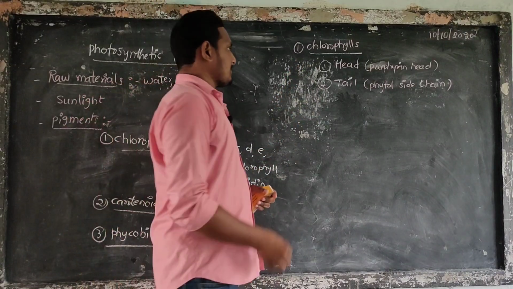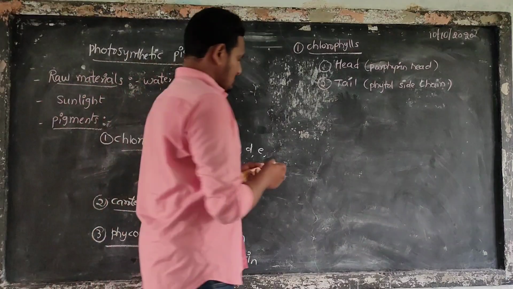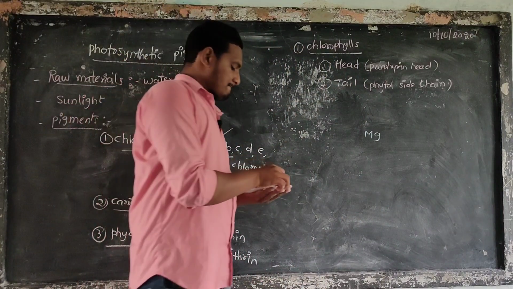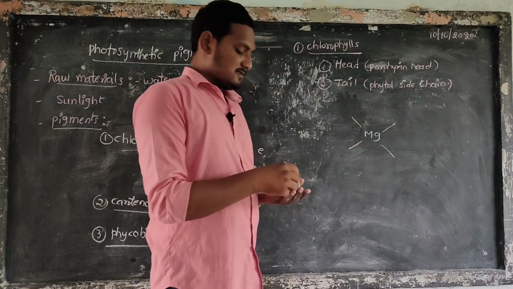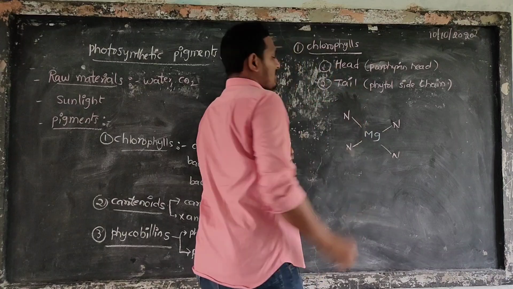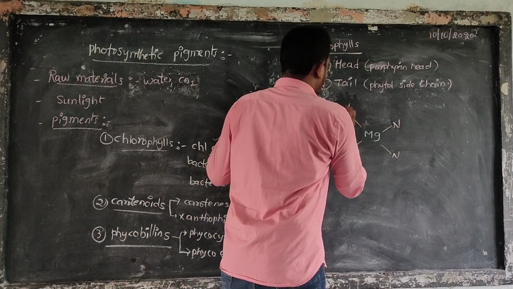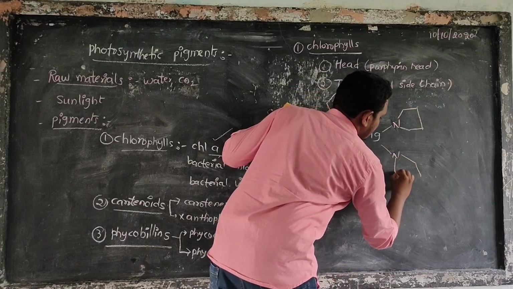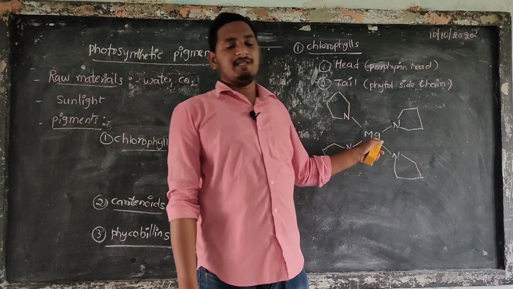This is the chlorophyll structure. Magnesium occupies the middle place, in the head part.